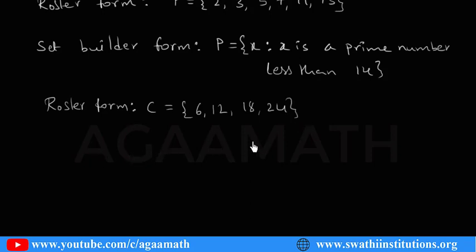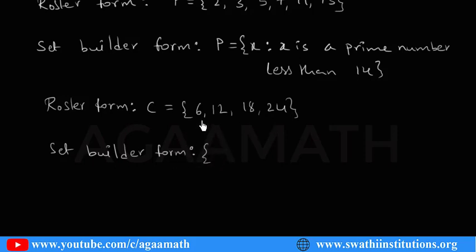When we would like to write it in the set builder form, how do we write it?